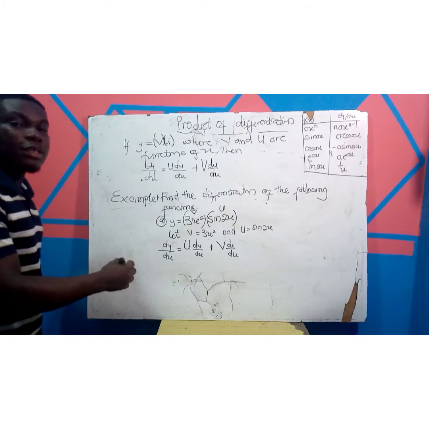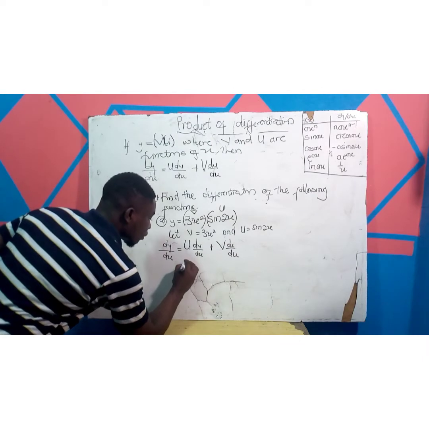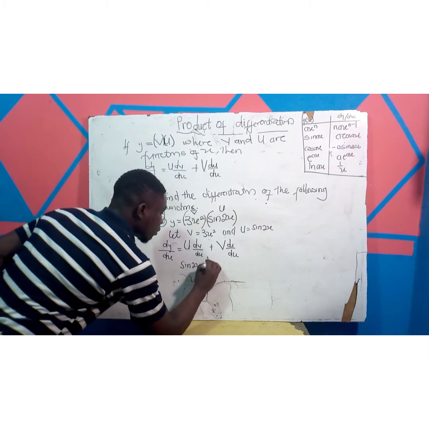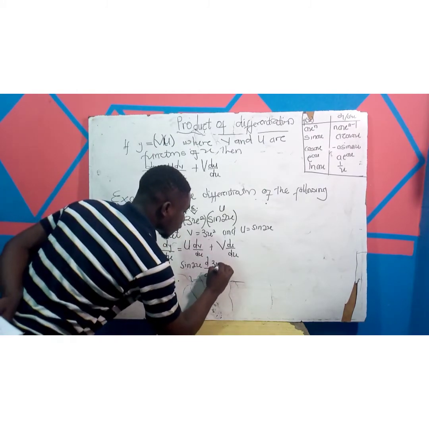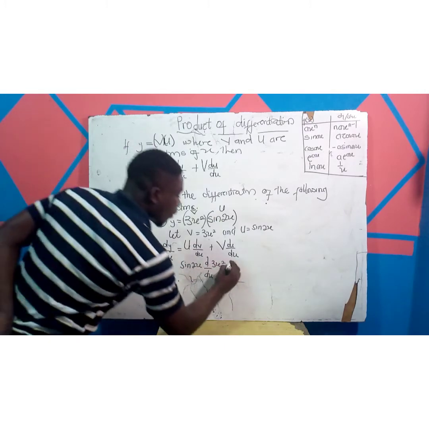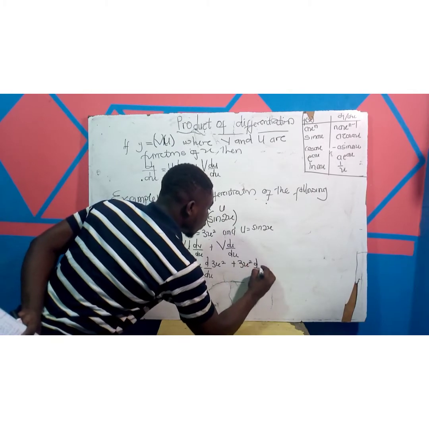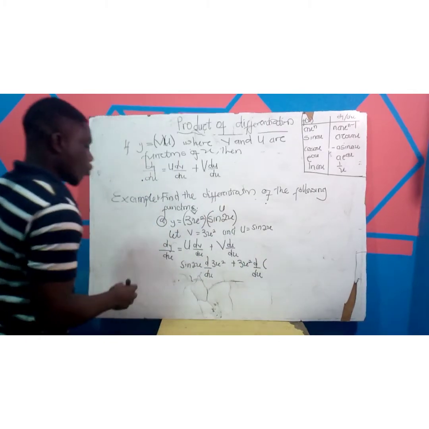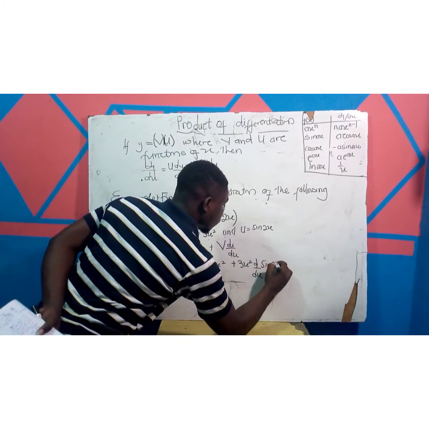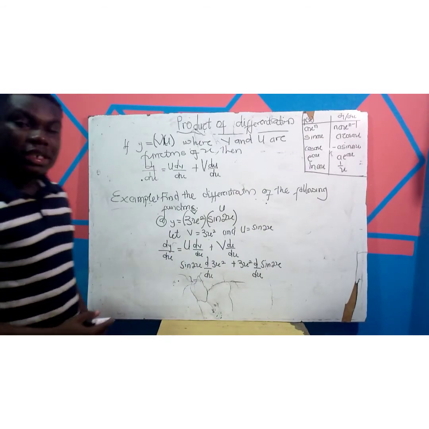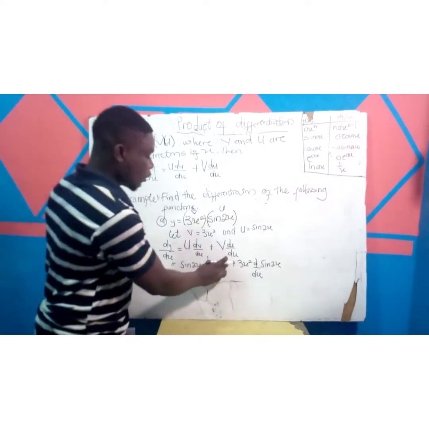So here, you just make substitution into the formula. Our u is sin 2x, d over dx of v, which is 3x squared, plus v, 3x squared, d over dx of u, which is sin 2x. Now, this means that we keep one constant and differentiate the other.